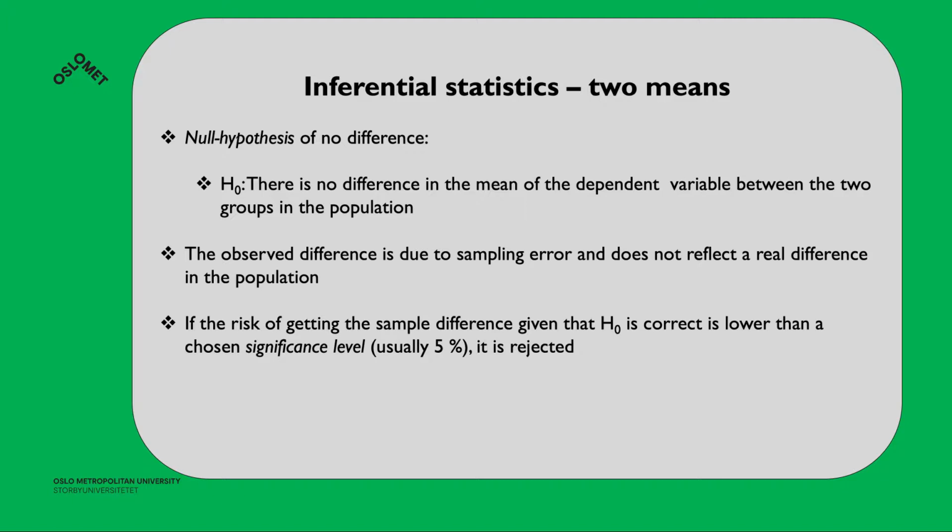So there is actually a difference. So if the chance of there not being a difference is 5% or less than 5%, then we reject H0, saying that there is no difference.